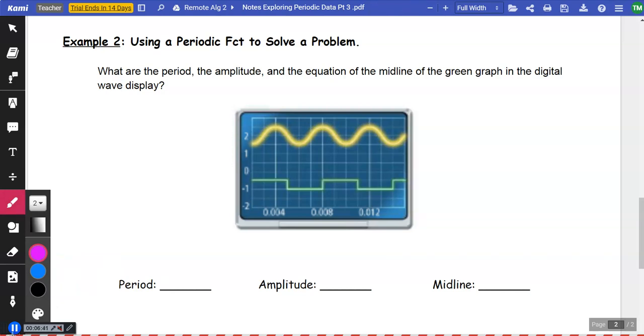I'm going to do my cycle from this point to this point, because I see a pattern happening from here to here, and then that would have also happened through there, and it'll continue happening on and on.